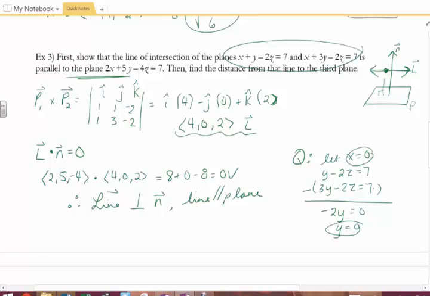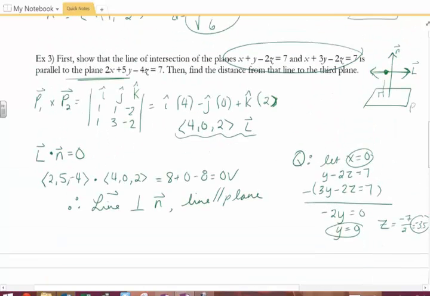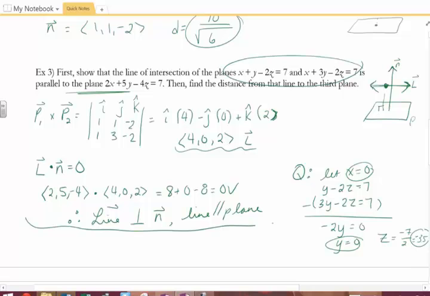And if x equals 0 and y equals 0, then z is 7 over negative 2, which is negative 7 halves or negative 3.5. So then Q, I'm running out of room here, is now the point 0, 0, negative 3.5. That's the point I'm finding.